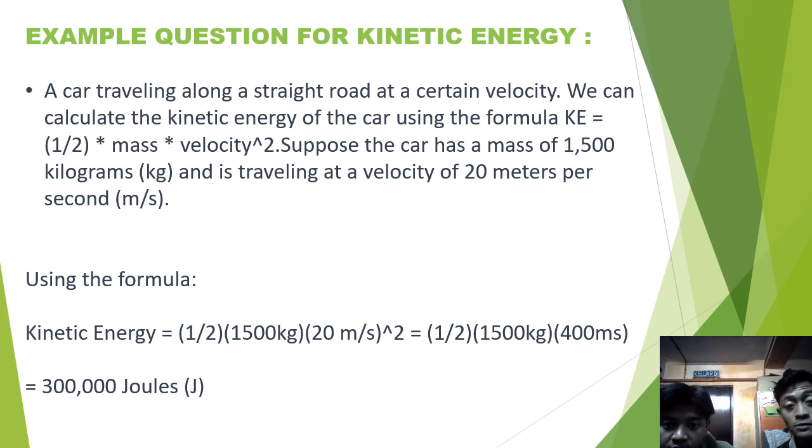Suppose the car has a mass of 1,500 kilograms and is travelling at a velocity of 20 meters per second. Using the formula, kinetic energy equals 1/2 times 1,500 kg times 20 m/s squared. So the answer is 300,000 joules.